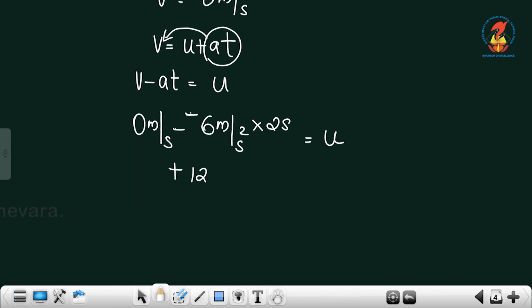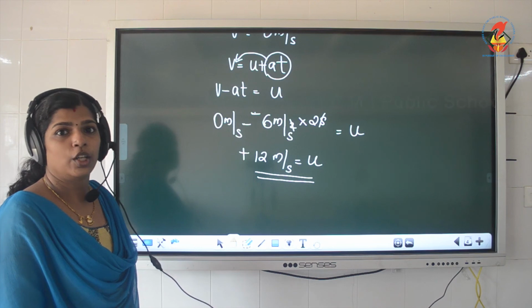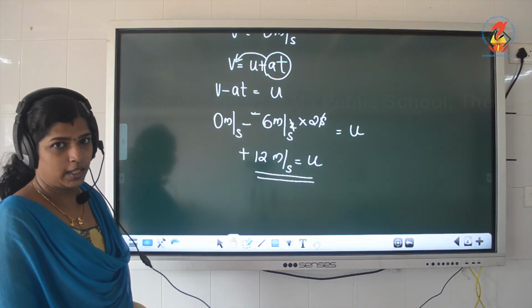Now, 1 meter per second square is there, 1 second is there, so it will get cancelled. 12 meter per second equal to u. So, you got the initial velocity as 12 meter per second.